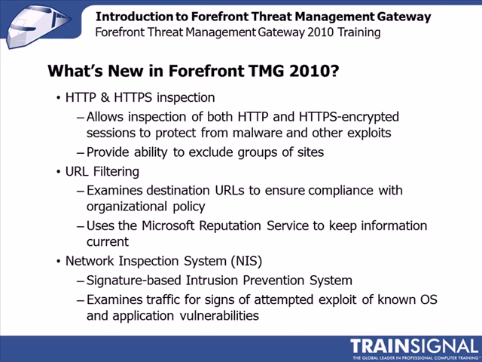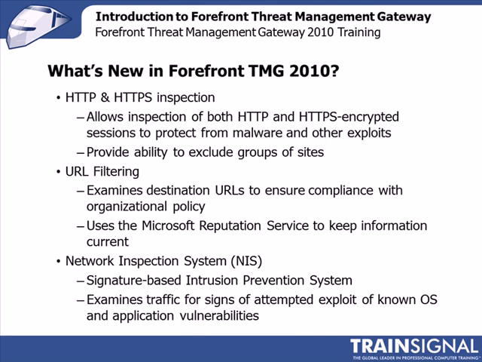So this ability to protect them from malware that's included in these protocols is pretty key to a security system. There are obviously some sites that you want to be able to exclude from this kind of inspection. You may, for example, run across a site that is a false positive for malware. Well, you can provide the ability to exclude groups of sites in HTTP and HTTPS inspection. And you're going to see these abilities happen later on in this course.